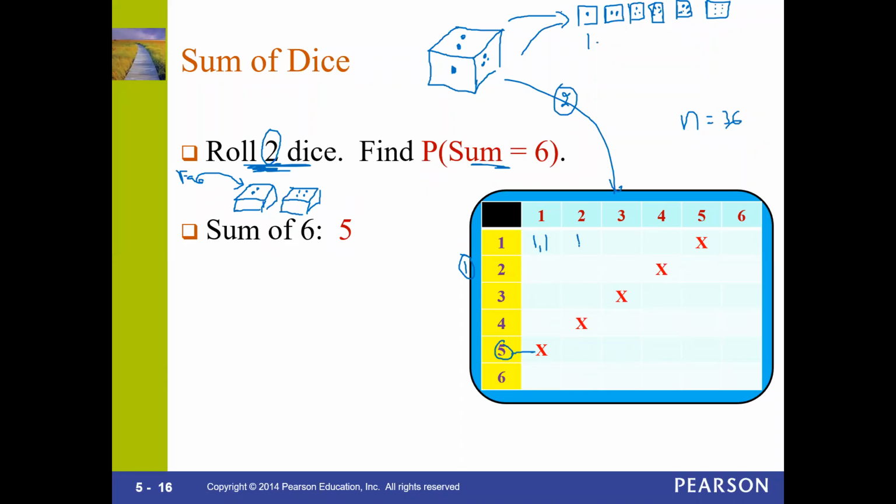You got 1 and 2, 1 and 3, 1 and 4, 1 and 5, 1 and 6, and then you fill out the box: 6 and 5, 6 and 4, 6 and 3, 6 and 2, 6 and 1. For example, here will be 4 and 4. Everything together gives you 36 because you got 2 dice.